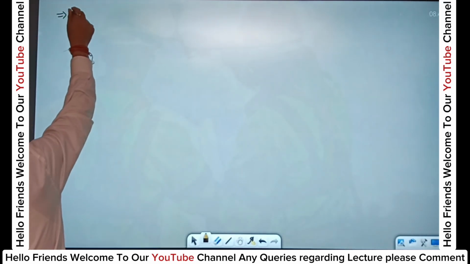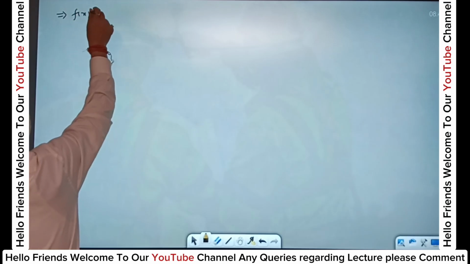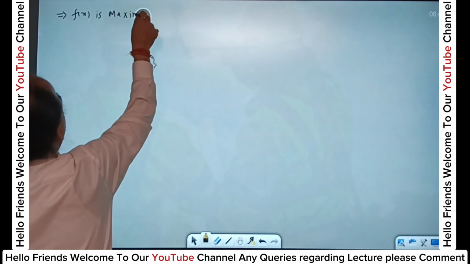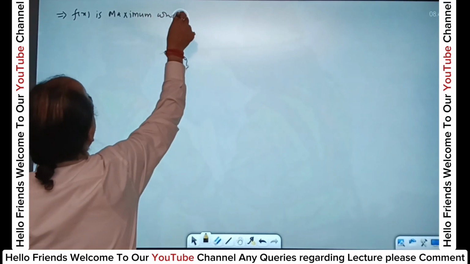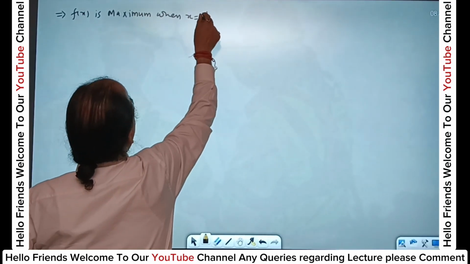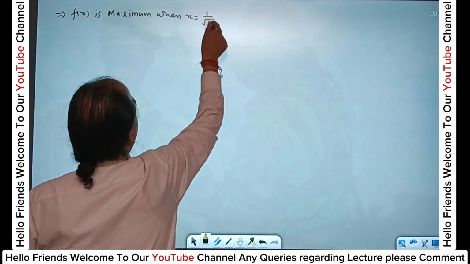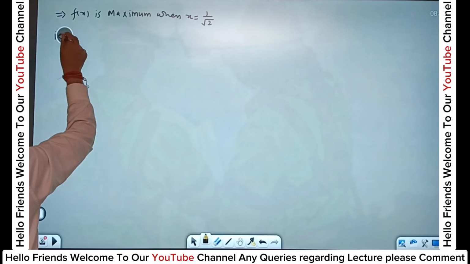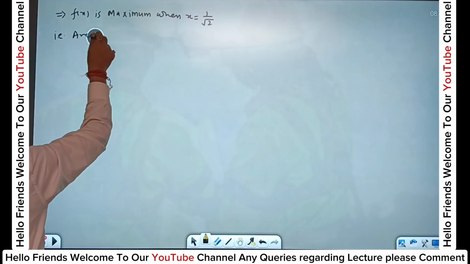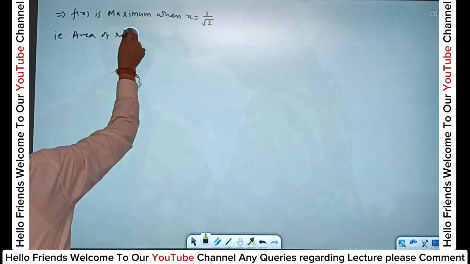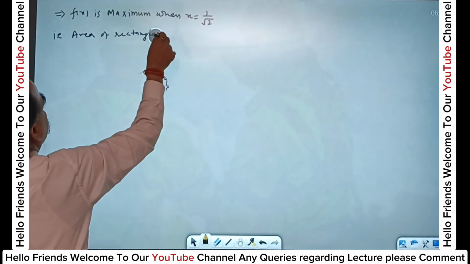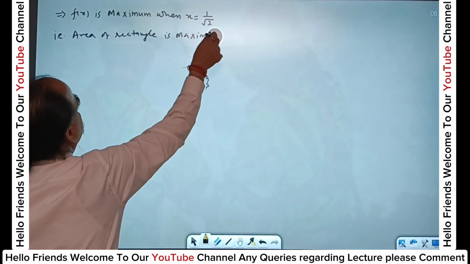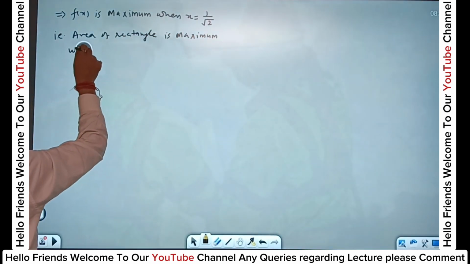f(x) is maximum when x is 1 upon root 2. That is, area of rectangle is maximum when x is 1 upon root 2.